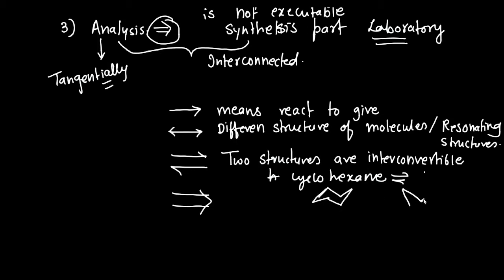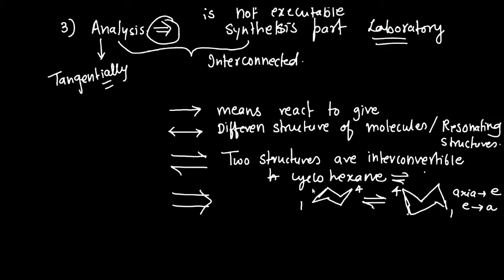In the second conversion, carbons 1 and 4 will be converted into 4 and 1, and the axial hydrogens will become equatorial, and equatorial hydrogens will be at the axial position.